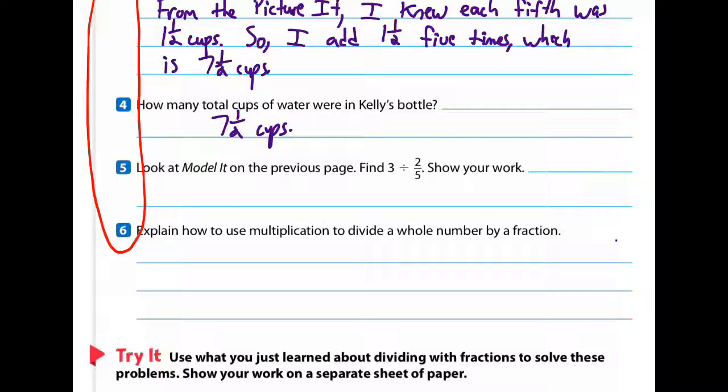So what I'm going to do is, if I remember from yesterday, that taking 3 divided by 2/5 is the same thing as doing 3 times the reciprocal, 5/2. And I'm going to rewrite that as 3/1 times 5/2. And I'm going to solve that. 3 times 5 is 15.